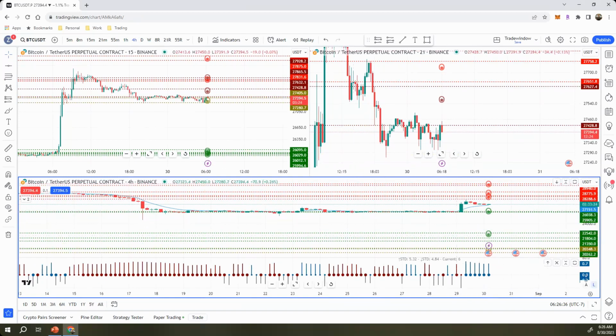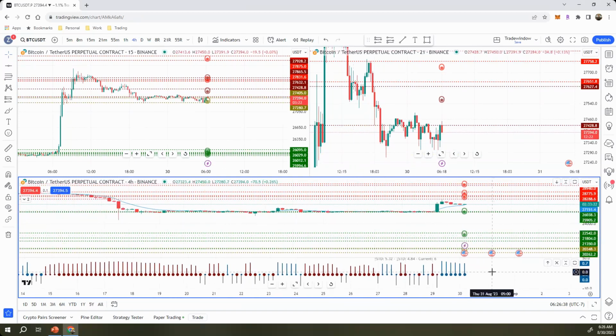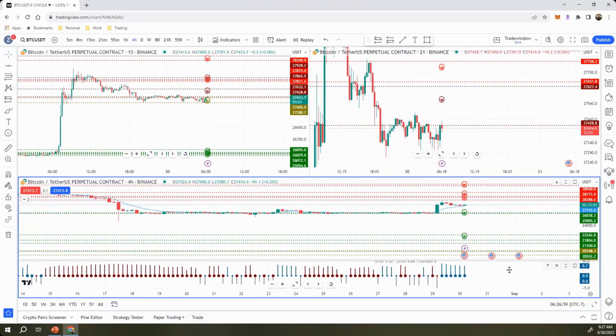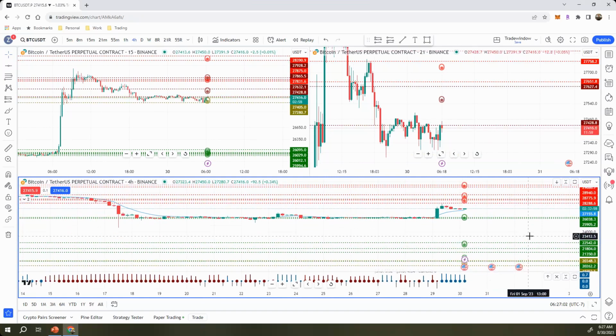So the 4-hour is still giving us an upward climate, which means that is permission to look for longs. However, before you go any further, we need to see that we are currently on the 6th 4-hour candle out of typically 6. So that means this is the last 4 hours where our probabilities are the highest.